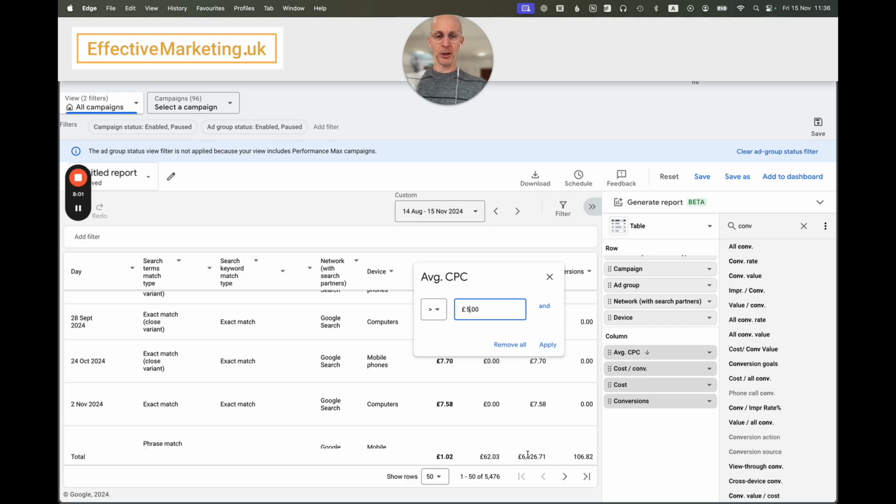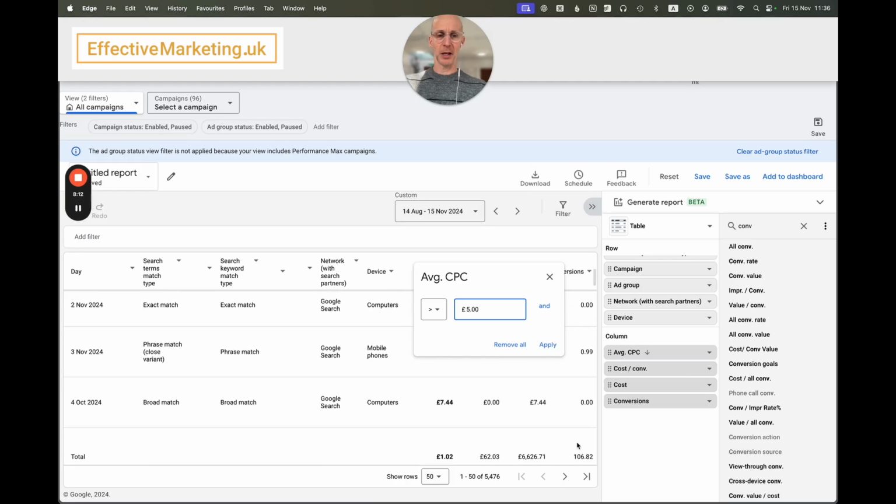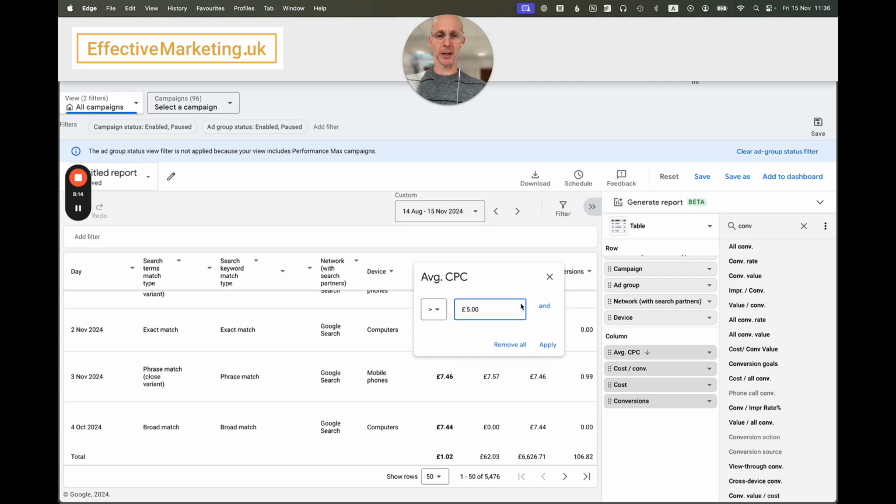So if we just look at these metrics here, we spent like £6,000, £6,500. The cost per conversion was £62, and the amount of conversions is 106.